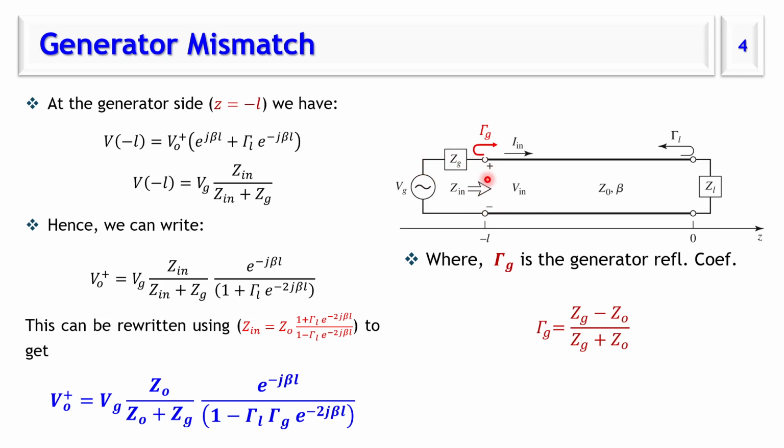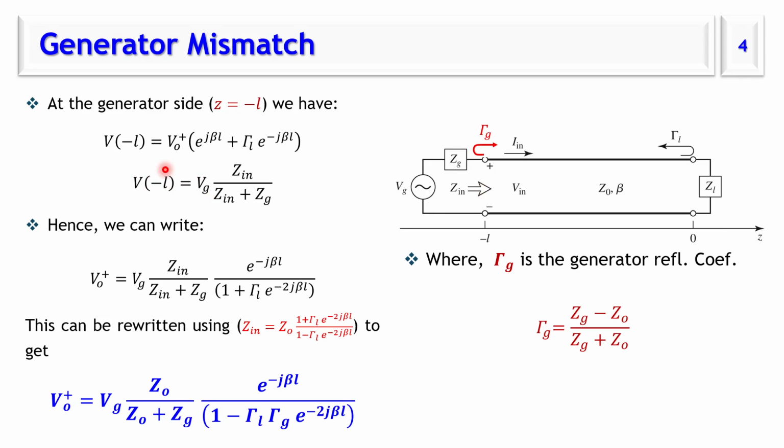So the current going out of the generator is VG divided by Zn plus Zg, and the potential at this point equals Zn. It's just like a potential divider between Zg and Z input.